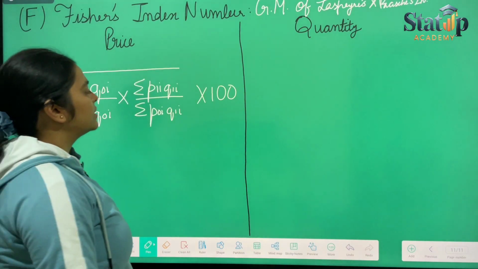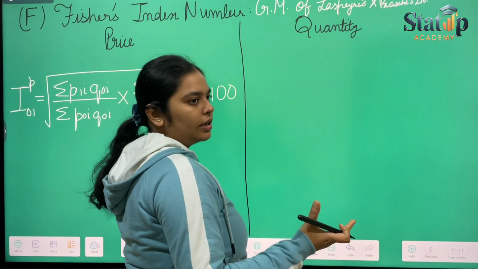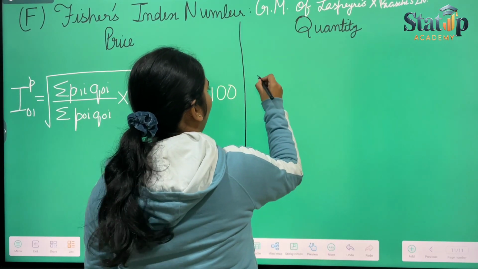Now the quantity is similar to this, just it's the Laspeyres' quantity index number and Paasche's quantity index number.